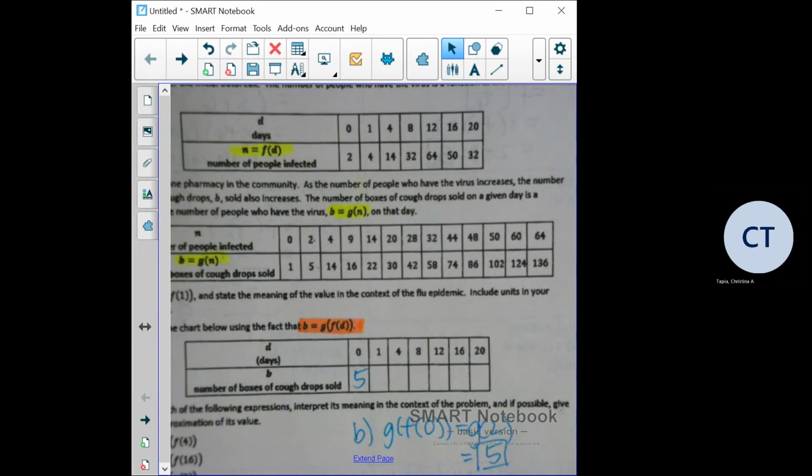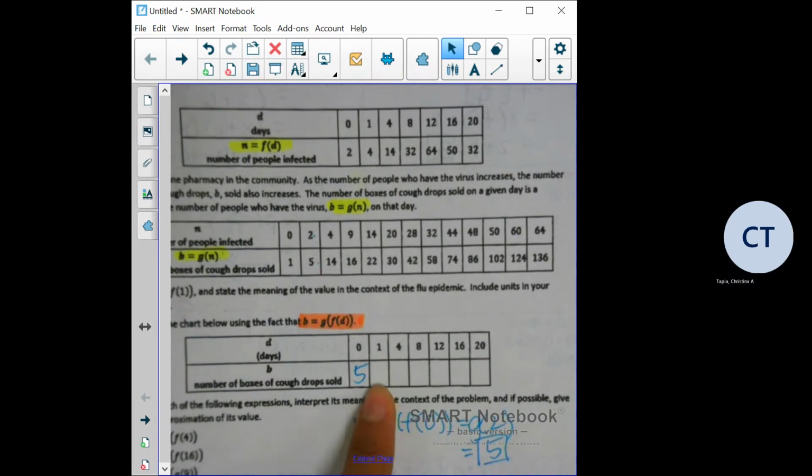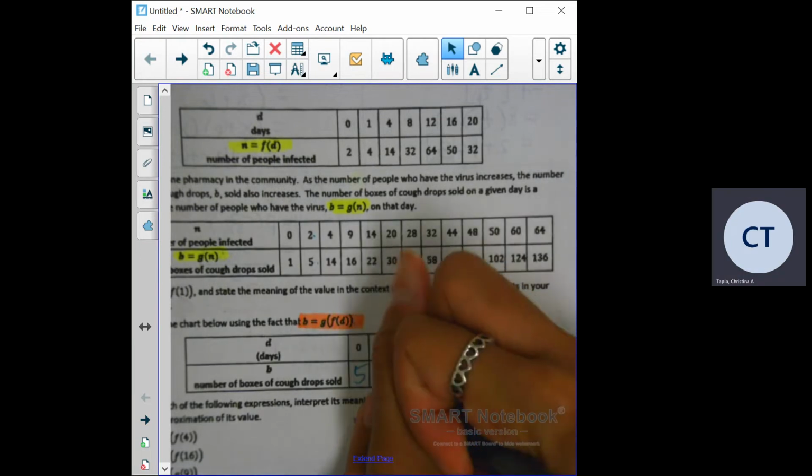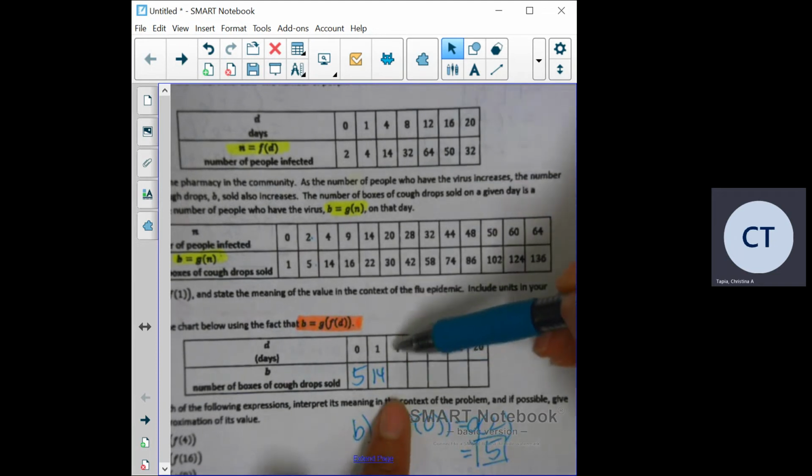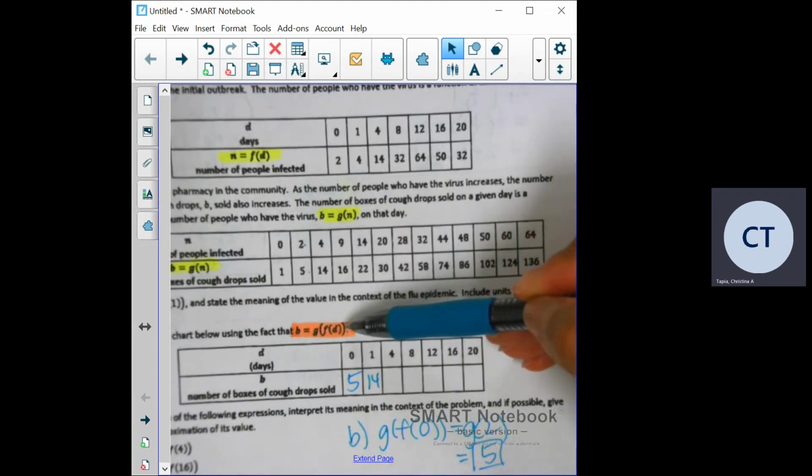Priya, hello. When the number of days is 1, what are the number of cough drops we're going to put in this bottom part? What about when days are 4? It's okay, you haven't gotten there yet? Okay, so let's look. We're going to have to substitute this 4 in for F. So let's find F of 4 first.